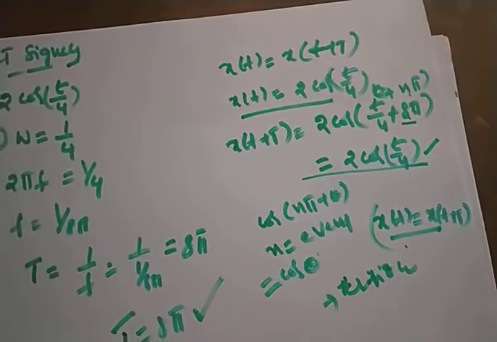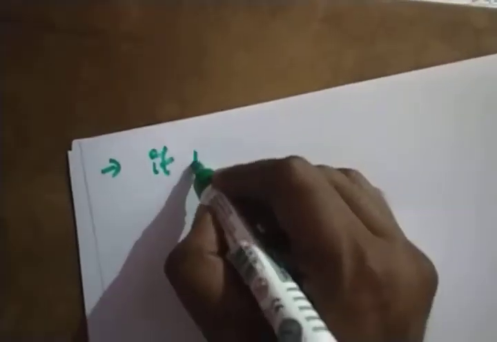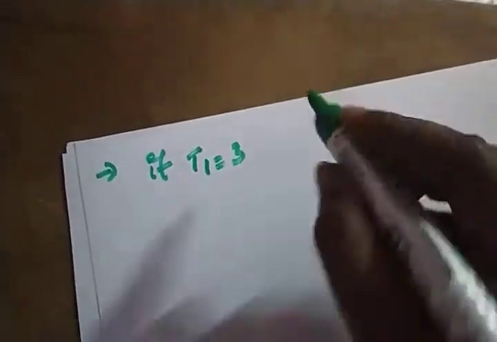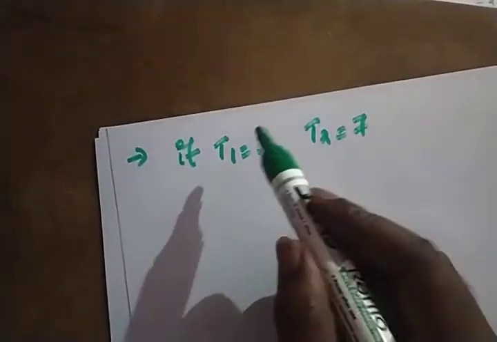So it's very easy to understand, right? And another model of representation. Suppose you got T1 is equal to 3, T2 is equal to 7, of two signals, each having a time period.